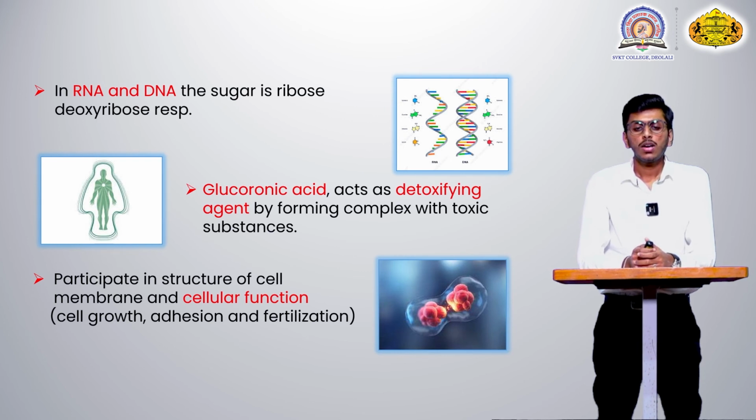The sugars are ribose and deoxyribose respectively. Glucuronic acid acts as a detoxifying agent, meaning it cleans our body by forming a complex with toxic substances. Carbohydrates also participate in the structure of the cell membrane and cellular functions such as cell growth, adhesion and fertilization.